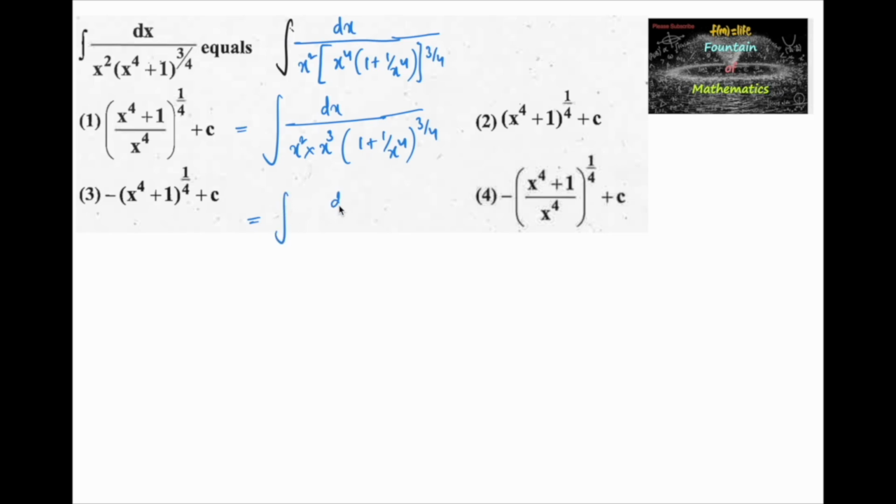That is integration dx upon x power 5 times (1 plus 1 by x power 4) whole power 3 by 4.